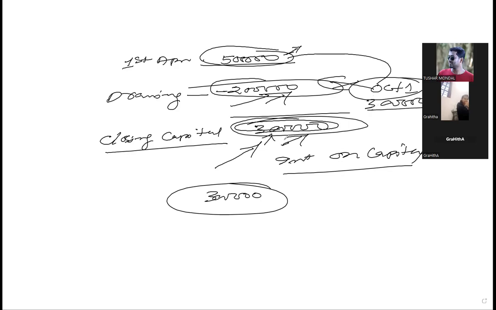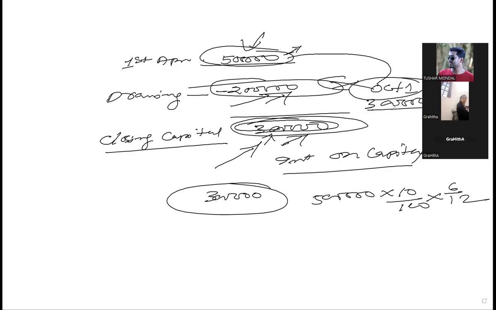Correct or not? But before that, how much was your capital? 5 lakh. Got the point? So in that condition, you calculate interest on capital for 5 lakh. Say for example 10%. So I am charging 10% for 6 months, so it will be 6 by 12.